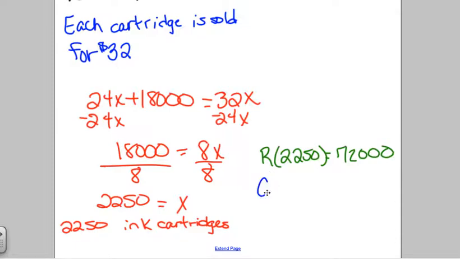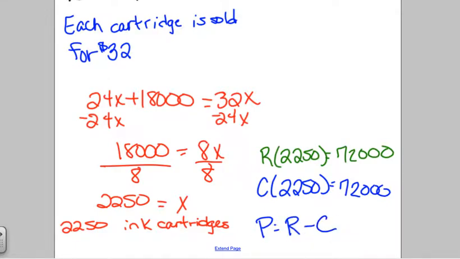So you can see that here if I plug in 2,250 to my cost. So 24 times 2,250 plus 18,000 also gives me 72,000. So that's where we say we have broken even. Now, that means if I sell even just one more ink cartridge, I've started to make a profit. Remember, your profit is your revenue minus your costs.